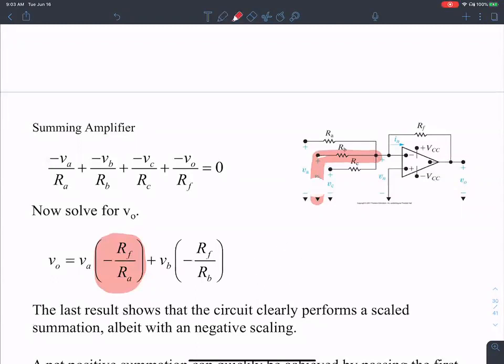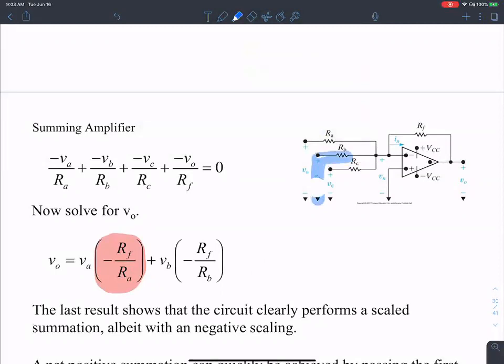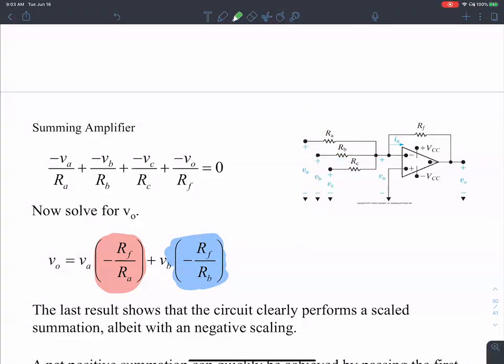Let me carefully color code this. This branch corresponds to the blue terminal in there. Similarly, as you will see, the green branch here corresponds to the VC inverting amplifier configuration.